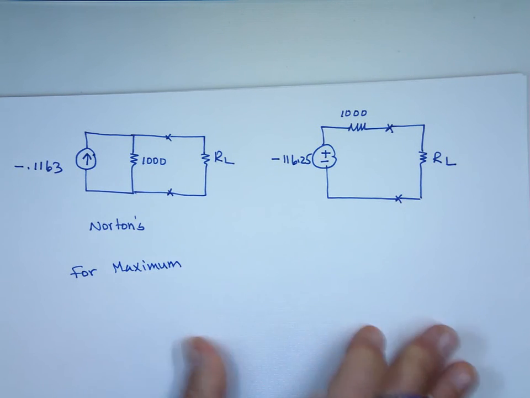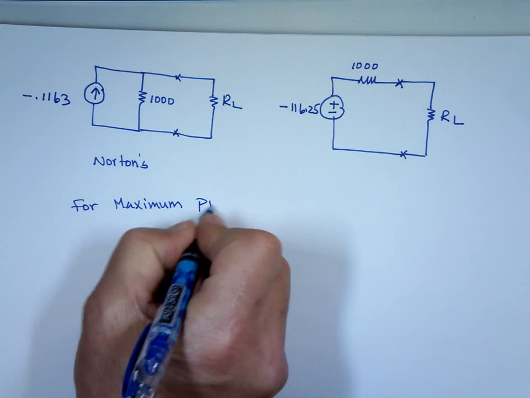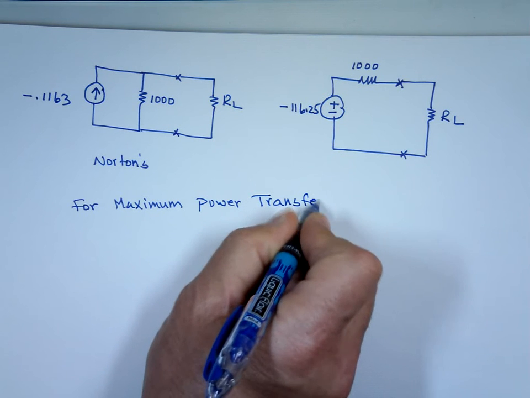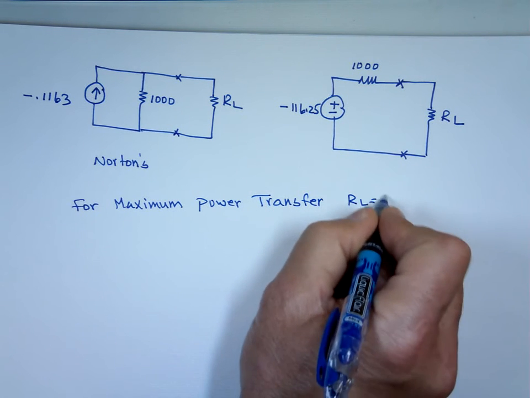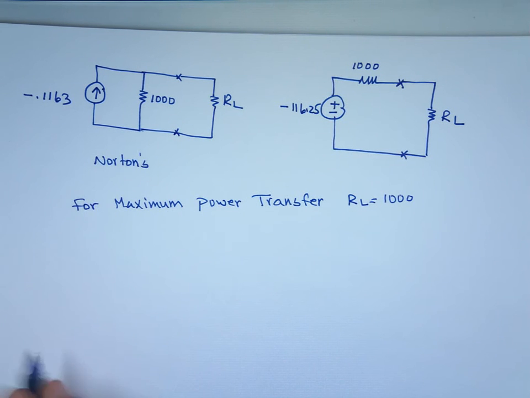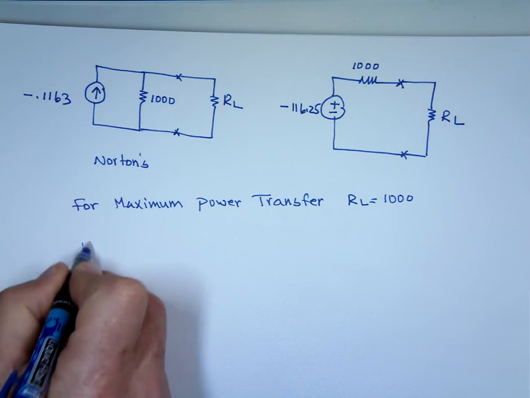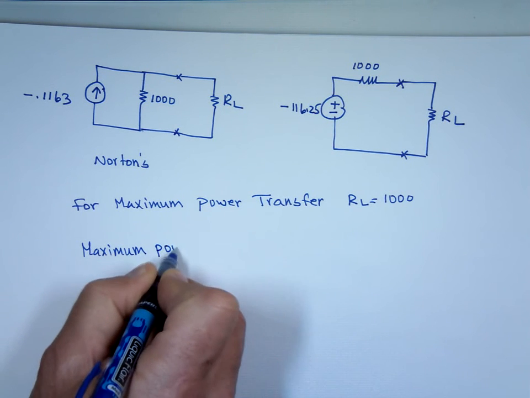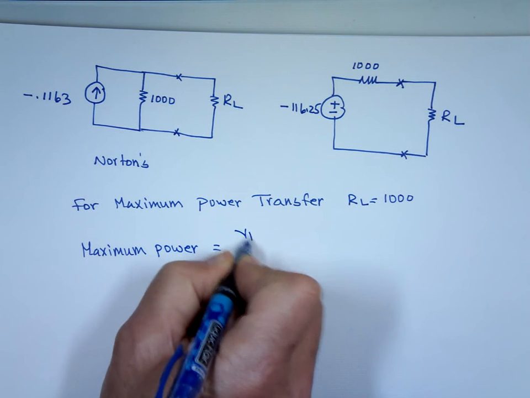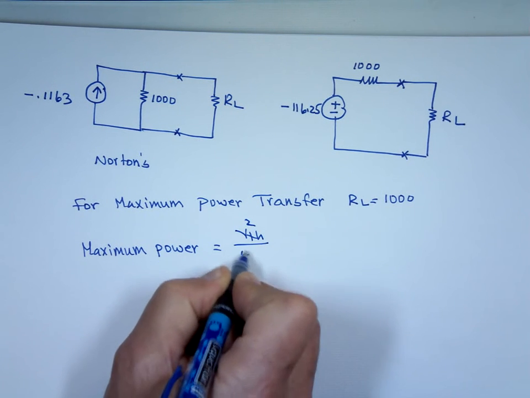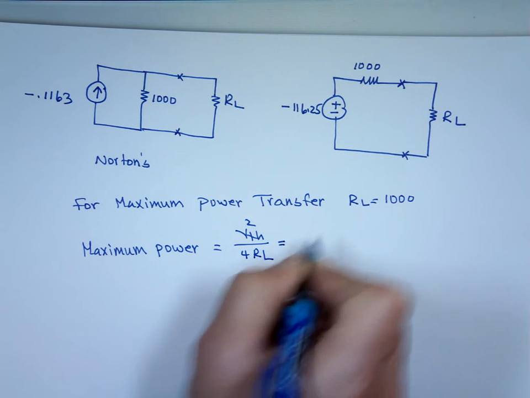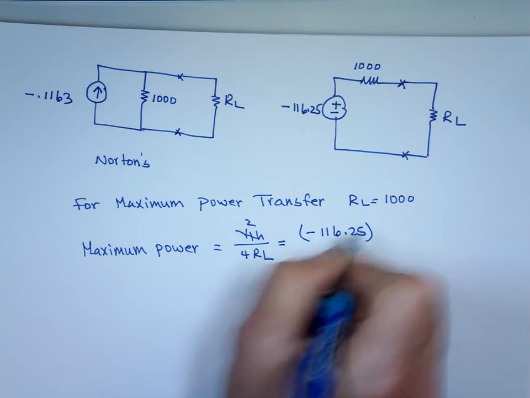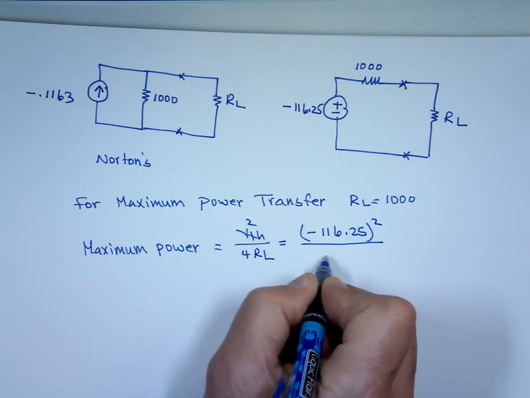So for maximum power transfer, to answer the next question now, can you do both by chance? I know it's going to be the same thing, it doesn't matter. So R sub L is going to equal 1,000. And what's the maximum power? It is V Thevenin squared divided by 4 times R sub L. What's V Thevenin? Negative 116.25 squared divided by 4 times 1,000, which is 4,000.